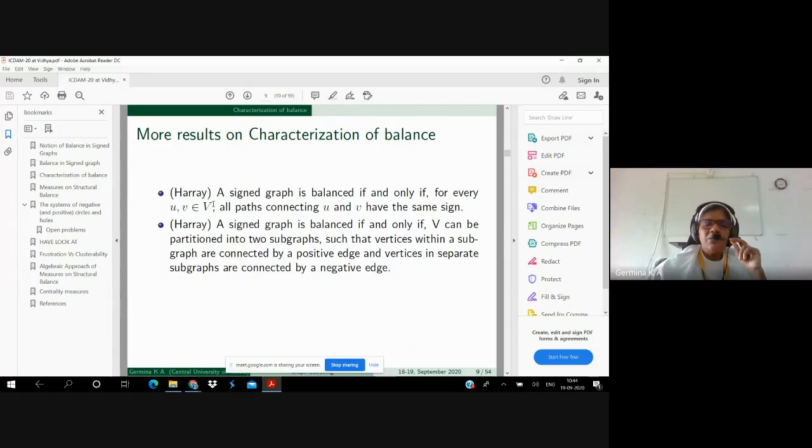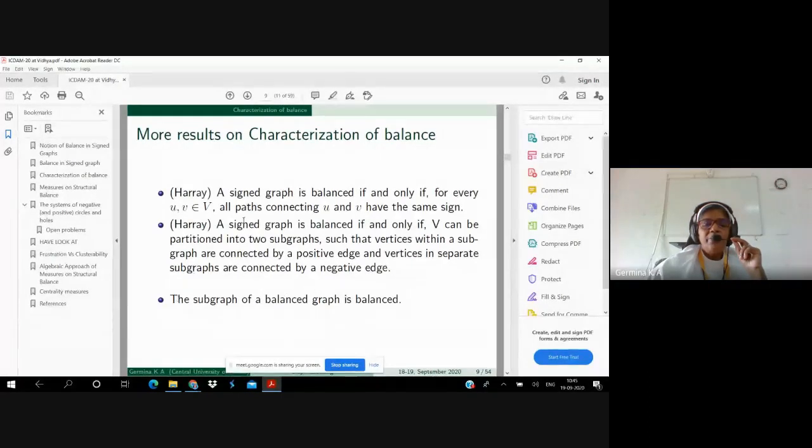Suppose I take a path of length 10 or 15, that sign also should be negative. For every pair of vertices, this should be true. Same sign; we are not saying that the sign should be positive. So a signed graph is balanced if and only if it can be partitioned into two subgraphs such that vertices within a subgraph are connected by positive edges and vertices in separate subgraphs are connected by negative edges.